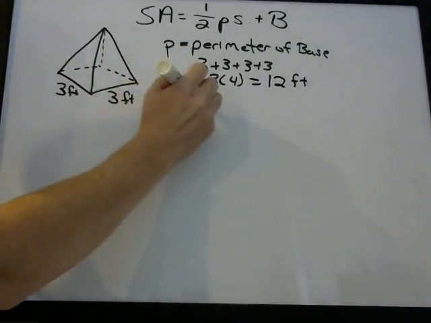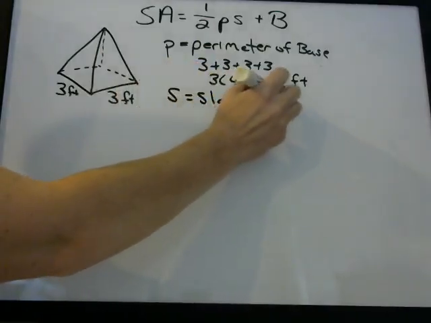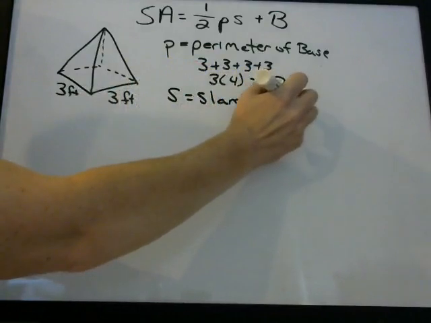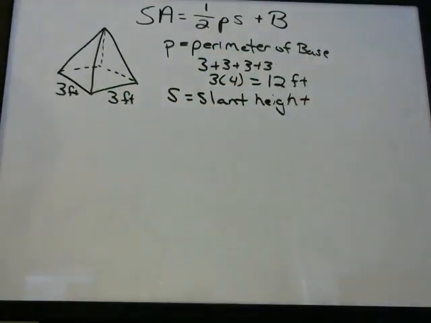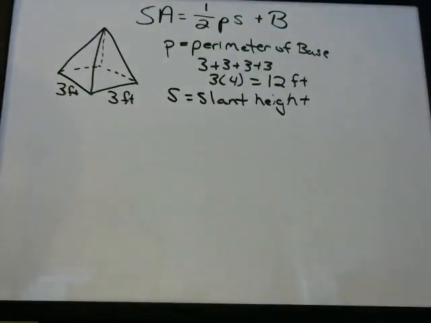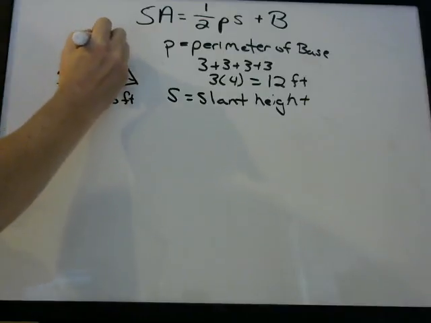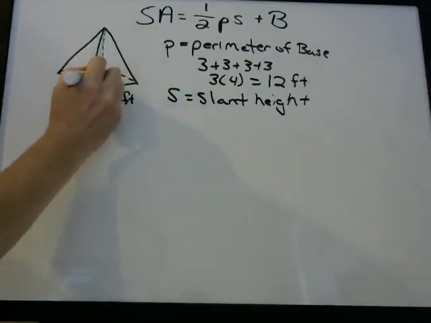S is slant height. It's important to know this because they may try to trick you here. There is a height of the pyramid, and the height of the pyramid goes from the top straight down to the middle of the base.